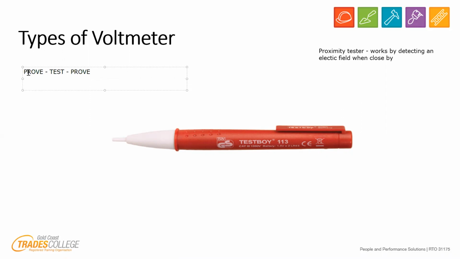One of the questions in the assessment is, what is the correct process for using a volt stick? There's nothing more dangerous than getting a volt stick out of your pocket, holding it up against a cable, it not lighting up, and then saying great, getting your brand new insulated $80 cutters out and cutting through a live cable and putting a nice big hole in it. So why didn't it light up? Well, if it's been in your pocket and the batteries have run flat, it's not going to light up.